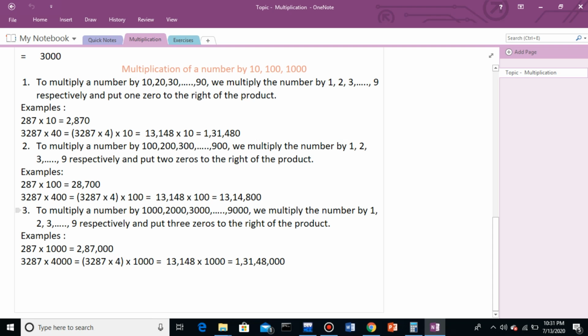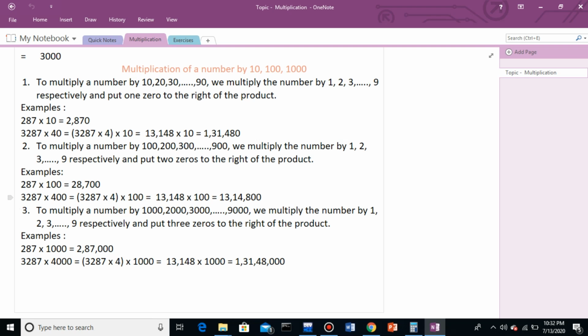Now one more example, 3,287 into 400. How will we do that? First we will multiply 3,287 by 4, and then we will put 2 zeros to the right of the product, whatever we get. 3,287 into 4, we get 13,148, and then we will put 2 zeros to the right of the product.